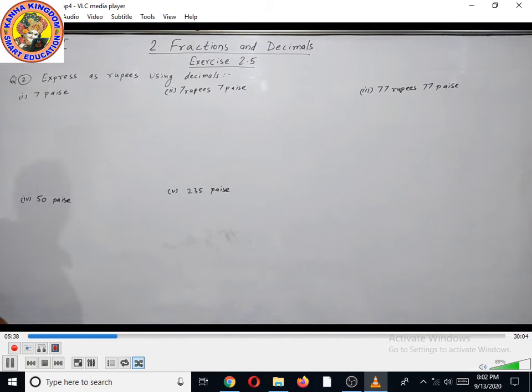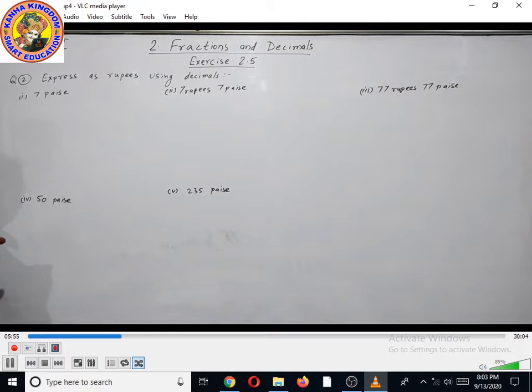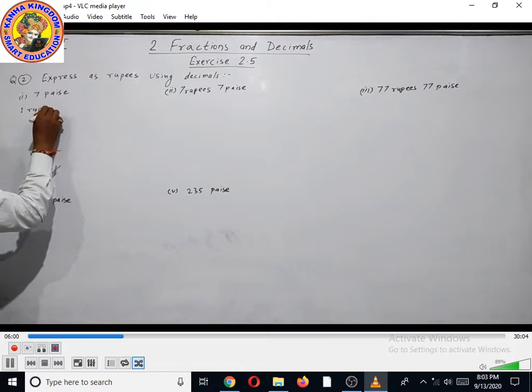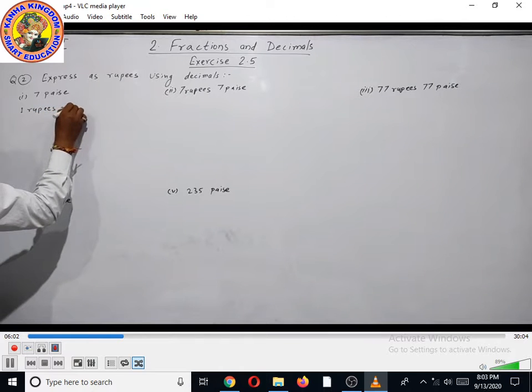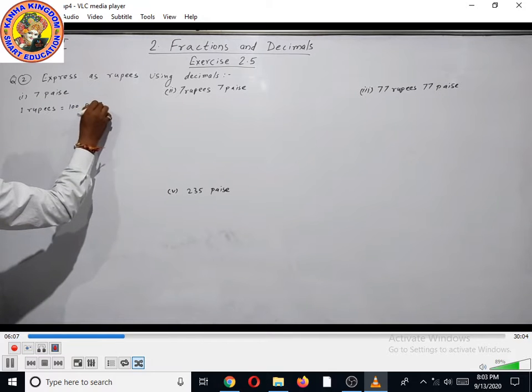Now our next question is question number 2. Express as rupees using decimals. We have to convert paise into rupees. We know that 1 rupee is equal to 100 paise.